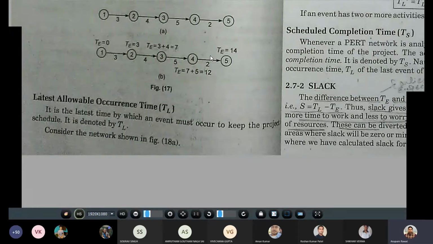Whenever a project is taken up for execution, a decision is made regarding the completion time of the project, and the expected figure is known as the scheduled completion time or contractual obligation time. It is denoted by TS, and it refers to the latest time of the last event. So in that case, TS is equal to TL.